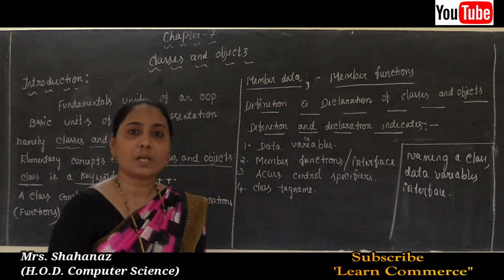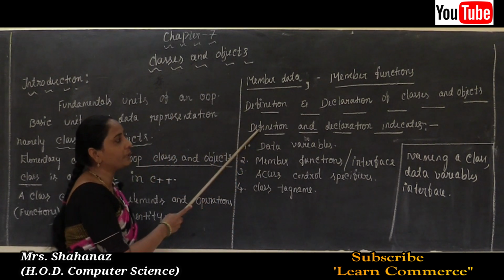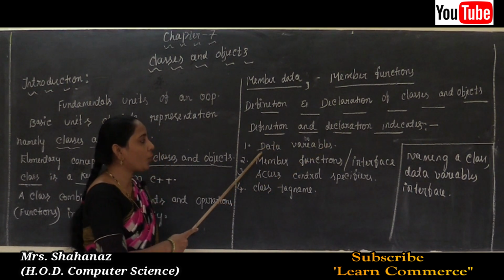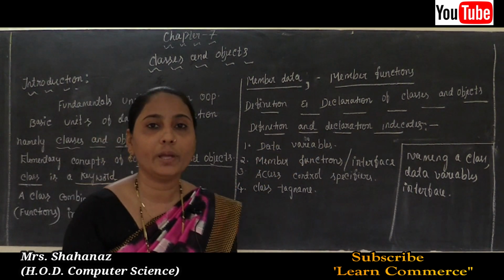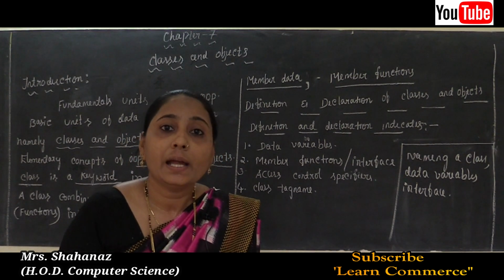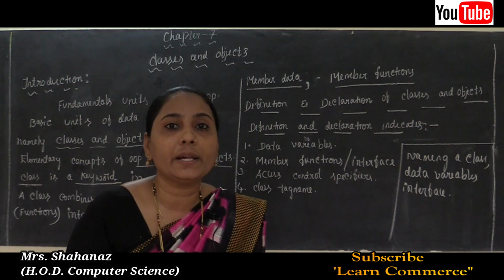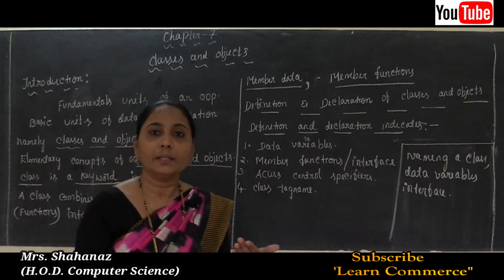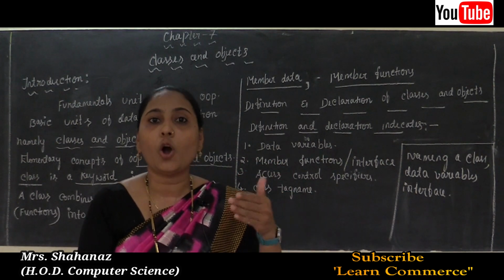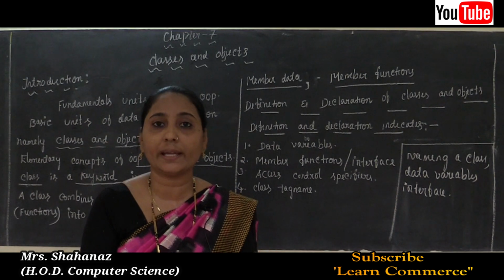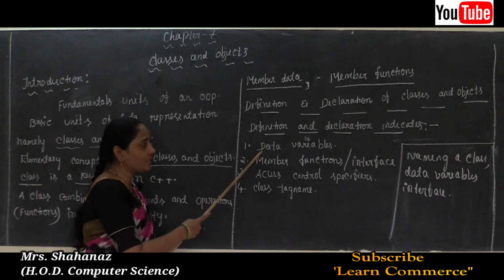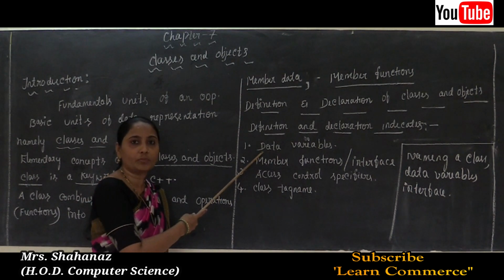So the first point, data variables known as member data of the class, describe the characteristics of the class. Maybe the class name is fruits, and the member data objects we create are apple, mango, banana, like that.